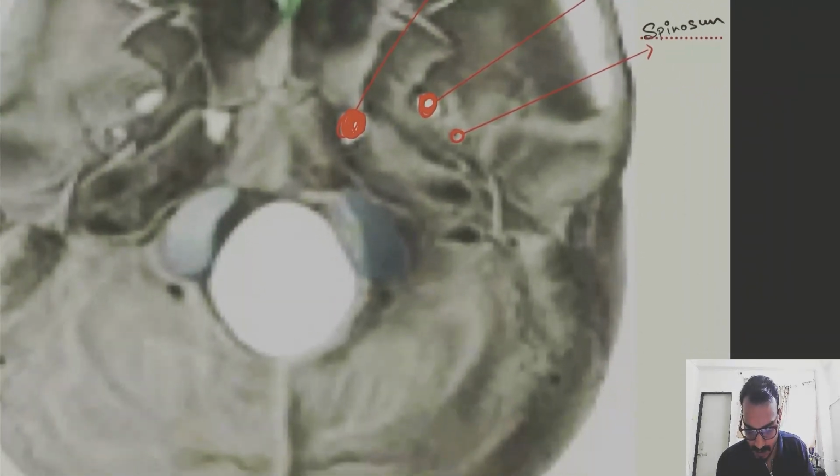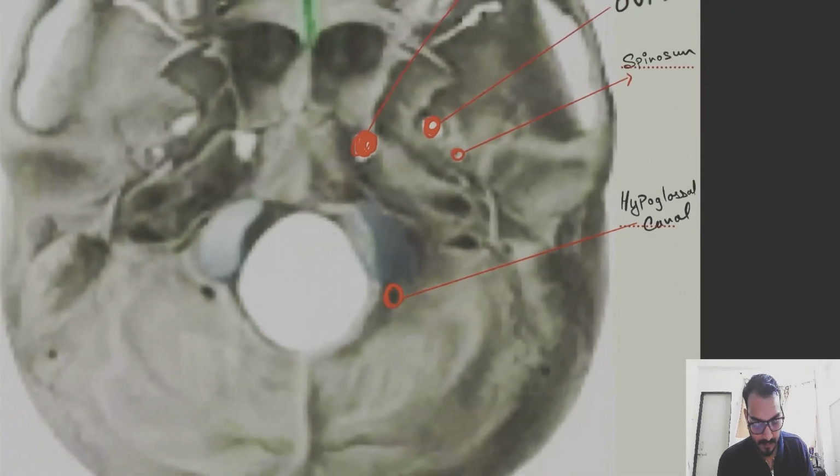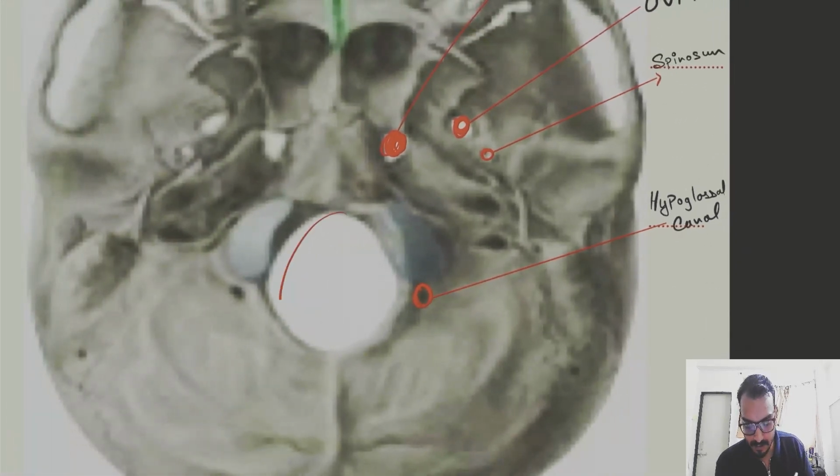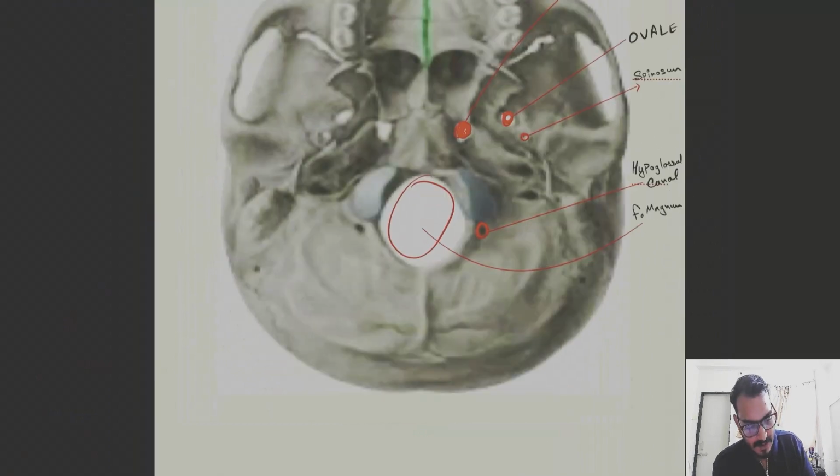Can you see this hole, guys? This is the hypoglossal foramen, or hypoglossal canal. And this big one here is foramen magnum.